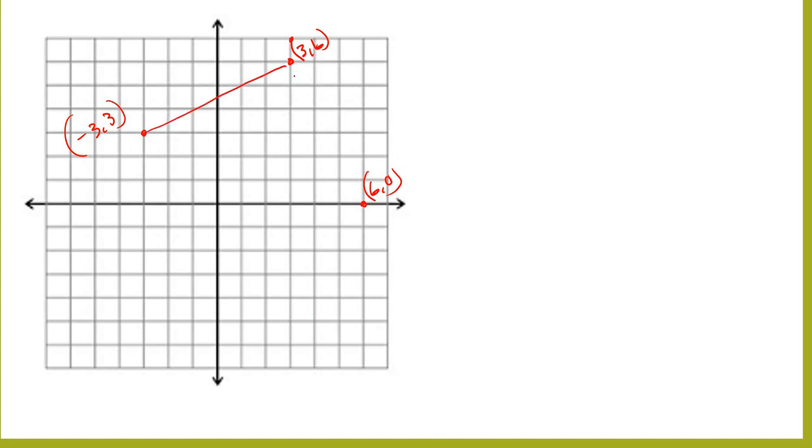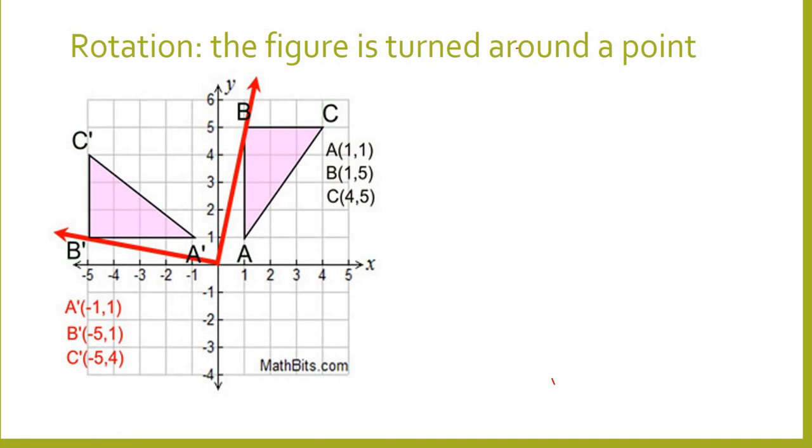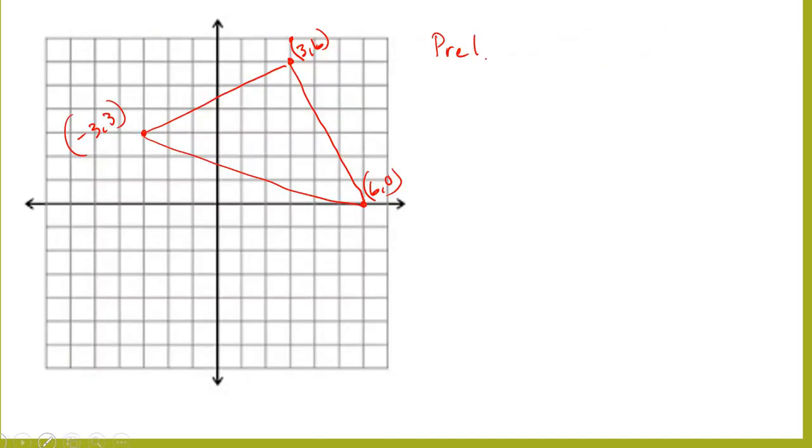So that's going to be my pre-image. I'm going to put my ordered pairs over here. Okay, so I've got -3, 3. I've got 3, 6, and I've got 6, 0.